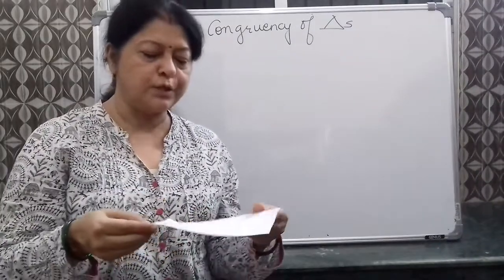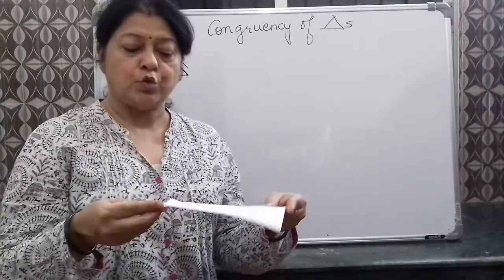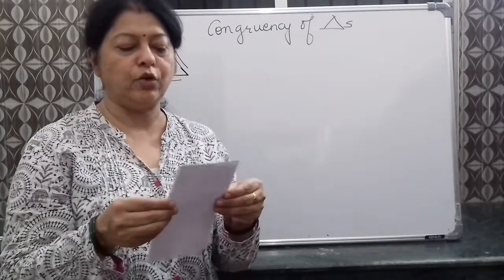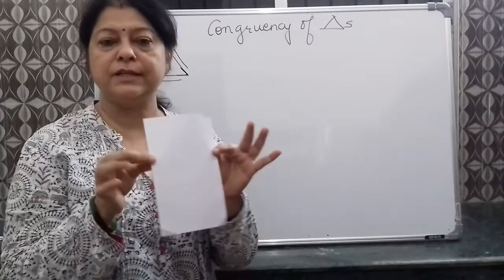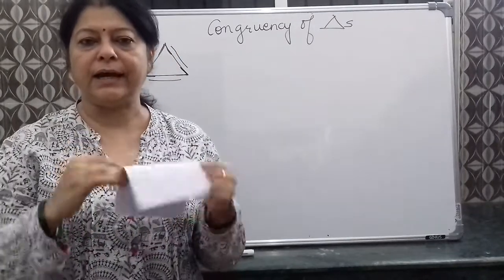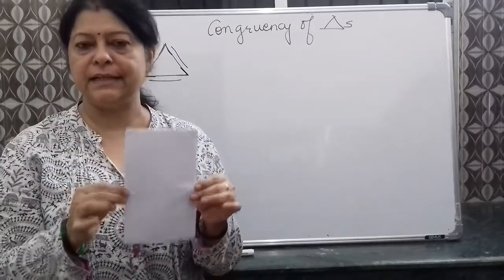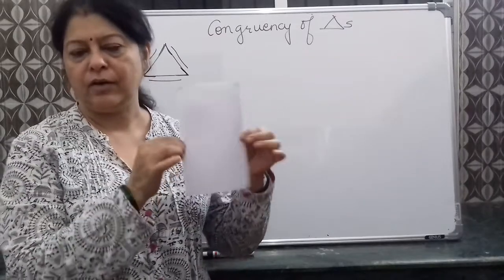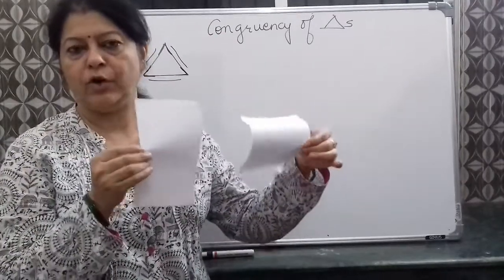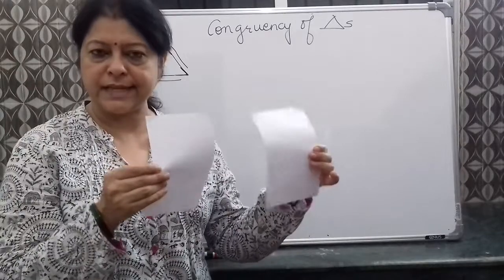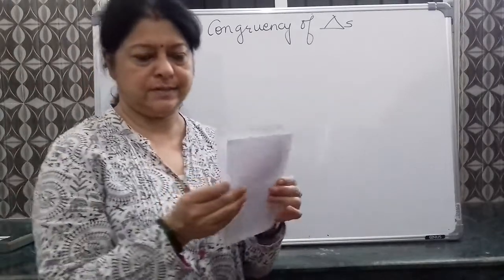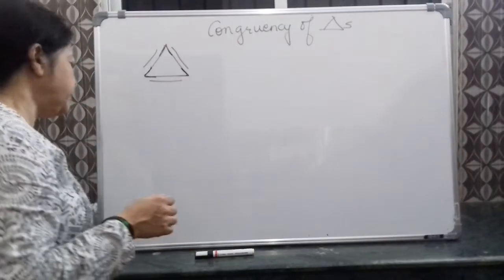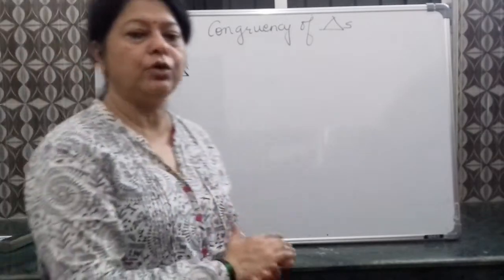This is known as superposition. So by superposition you will find that the copy pages are absolutely the same. They are absolutely identical and therefore you can call these 2 figures congruent figures.